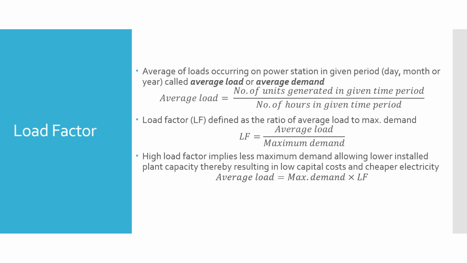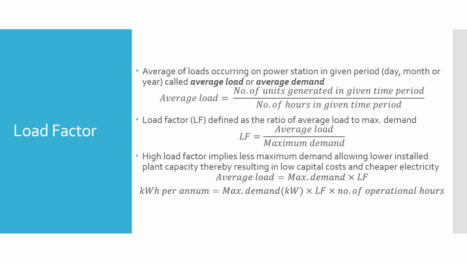You can calculate average load from load factor as the product of maximum demand and load factor. If you want to find out the kilowatt hours per annum, or units generated or consumed per annum, you can simply multiply the average load with the number of hours for which the plant was in operation in a year. If the number of hours is not mentioned in a given example, then you take 8760 hours, which is the number of hours in a year.